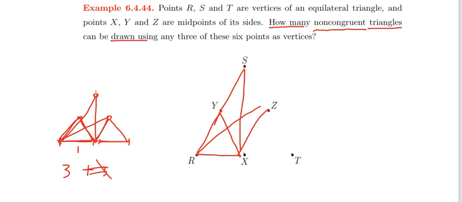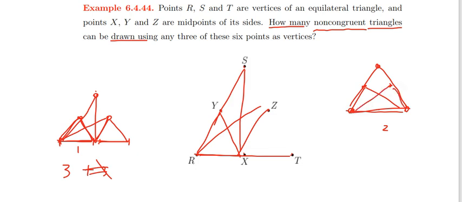Okay, and how about if we pick this side, which is 2? We have these 3 points. We already picked these 2 points, and we can pick any of these 3 points. So we can get this one, or this one, and this one.